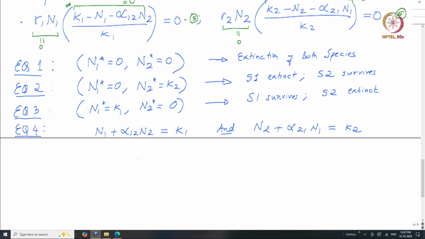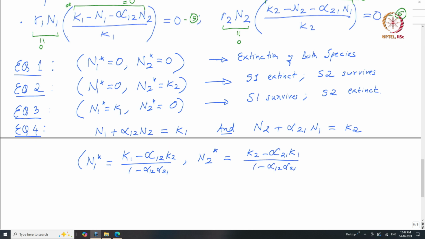Let me just write down, and I encourage you to verify using the solutions for simultaneous equations, these equilibrium turn out to be N1 star is equal to (K1 minus alpha 1 2 K2) divided by (1 minus alpha 1 2 alpha 2 1), whereas N2 star is equal to (K2 minus alpha 2 1 K1) divided by (1 minus alpha 1 2 alpha 2 1).